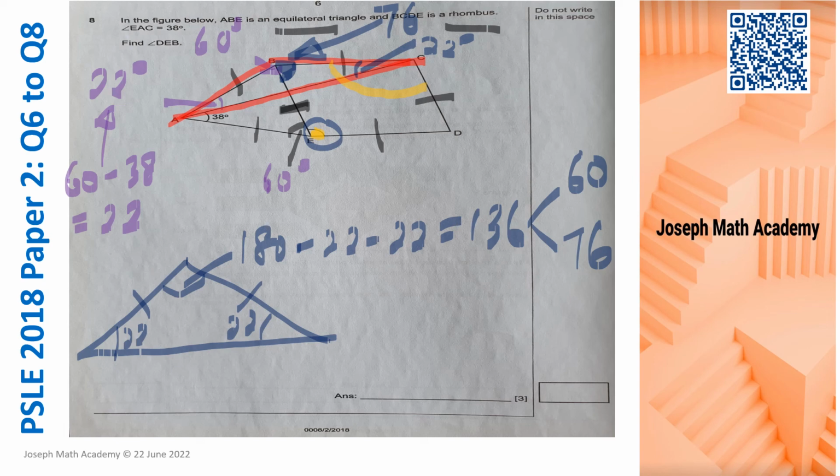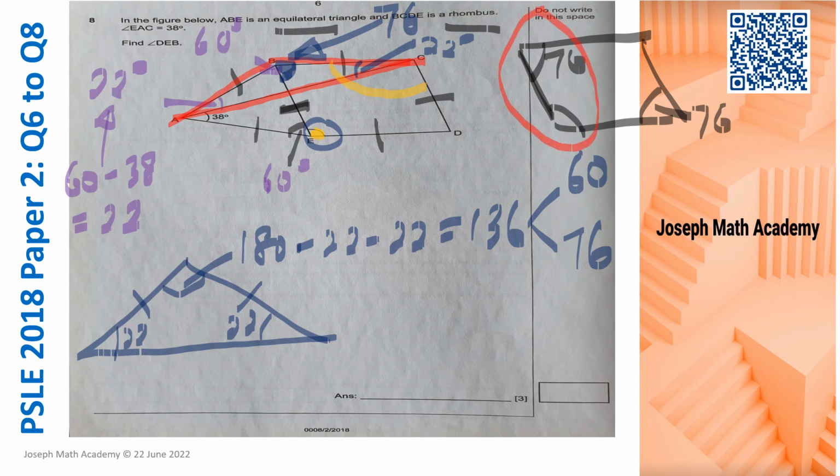Okay, now I'm going to redraw that shape. It looks like this, the rhombus. So if this is 76, this is also 76, and this is already found because these two add up to 180, and this is our question.